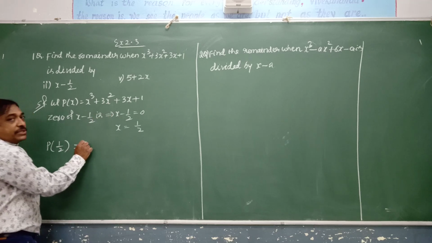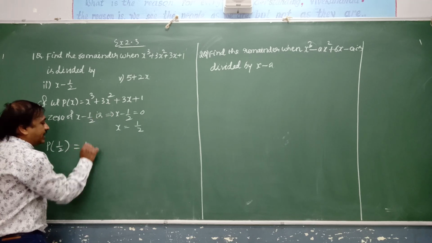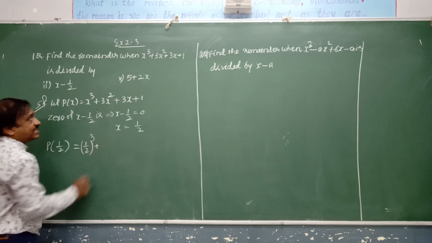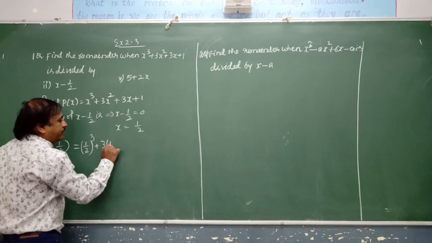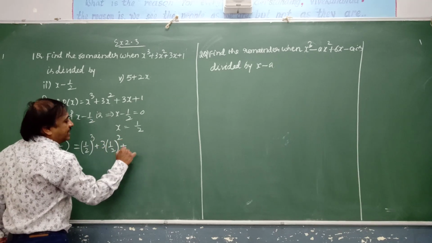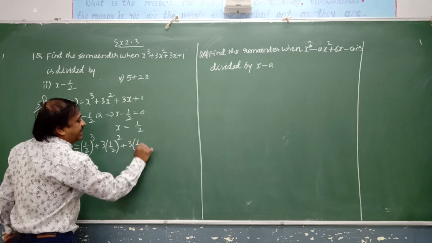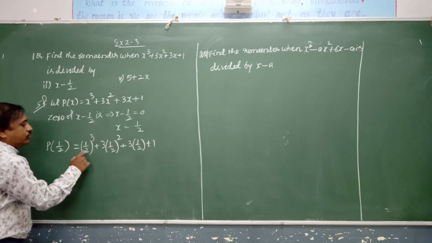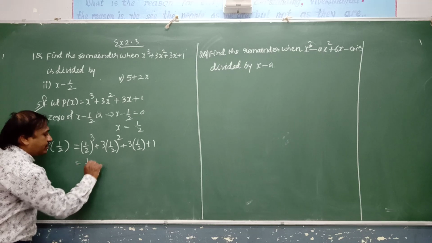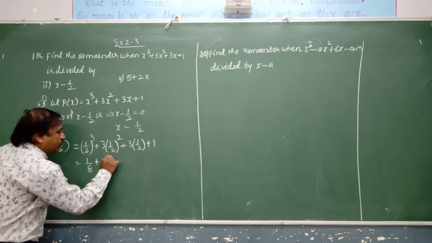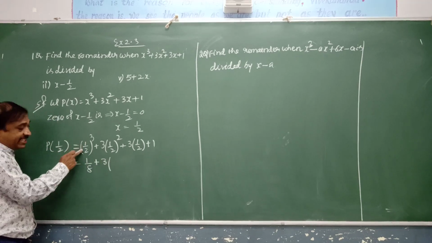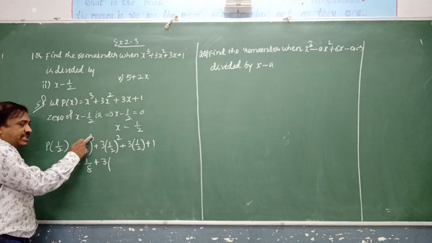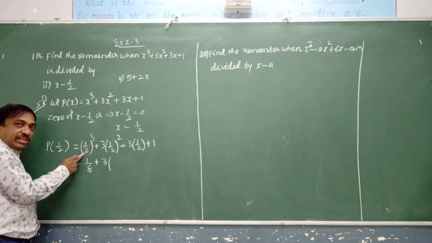In this place we are substituting 1 by 2 whole cube plus 3 into 1 by 2 whole square plus 3 into 1 by 2 plus 1, which is equal to 1 by 2 whole cube is 1 by 8. Here you see, the cube is applicable for both numerator as well as denominator.